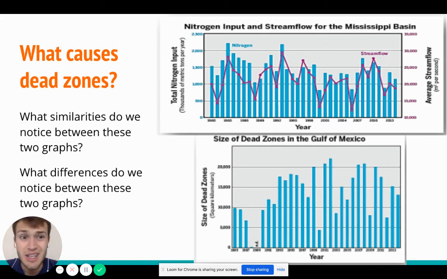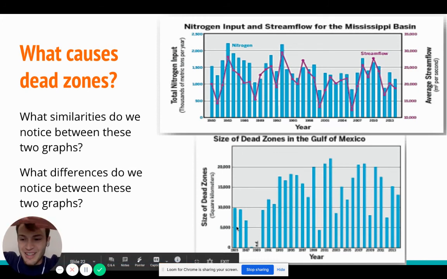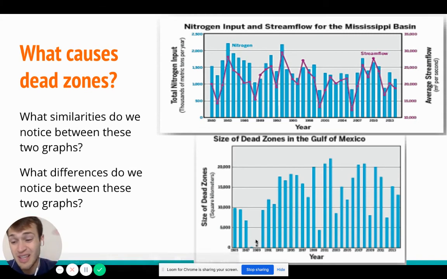For example, if a year is really cloudy or it has lots of hurricanes, then the clouds are going to block out the sunlight. And if there's little sunlight, then algae can't grow as well. Algae is a producer; it needs sunlight.